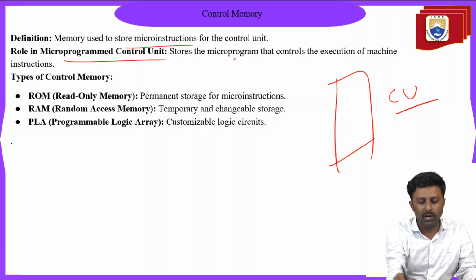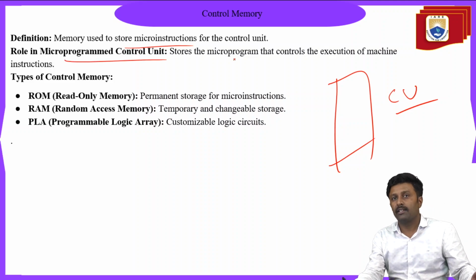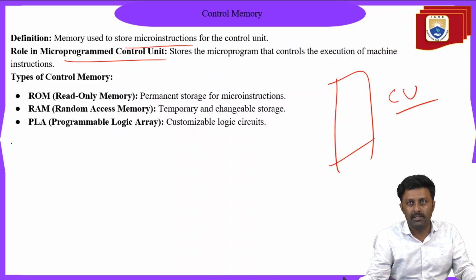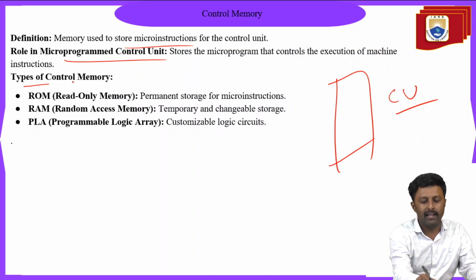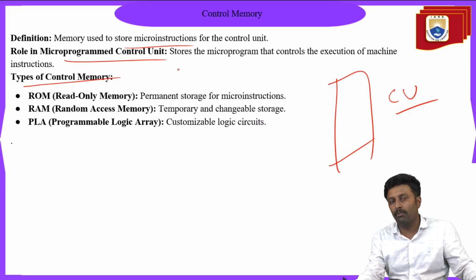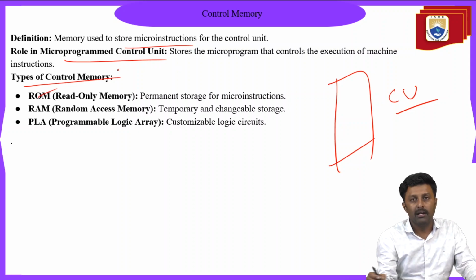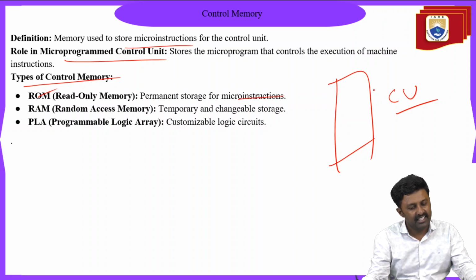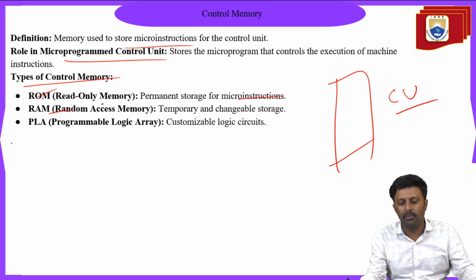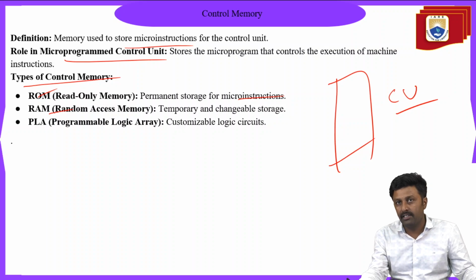The role of the microprogram control unit is that it stores the microprogram that controls the execution of the machine instructions. In the types of control memory, we have ROM, the read-only memory, which is a permanent storage of micro instructions. RAM, random access memory, is temporary and changeable storage.